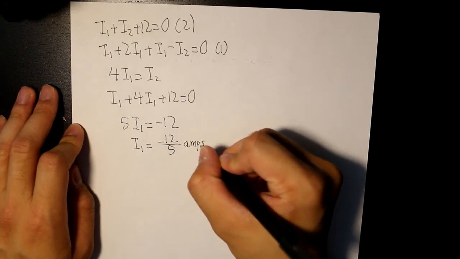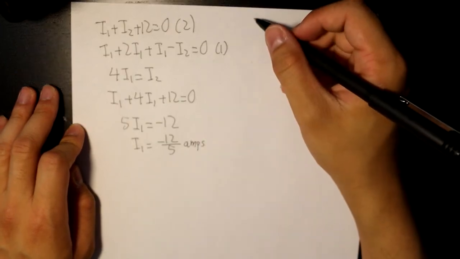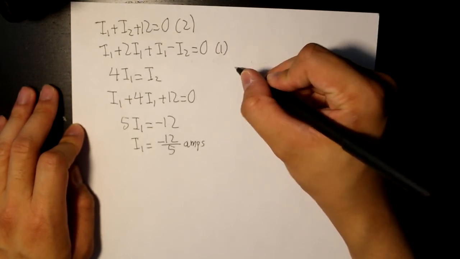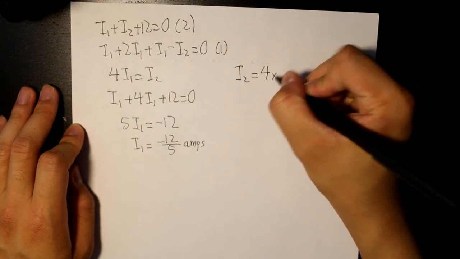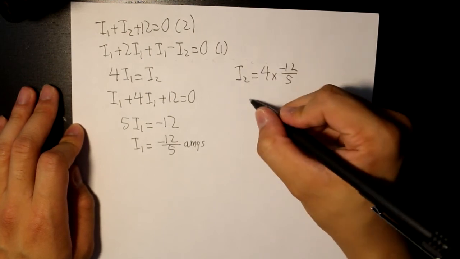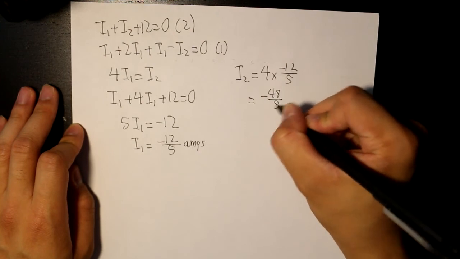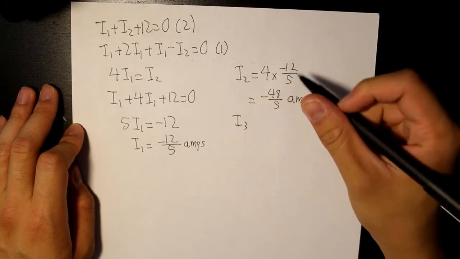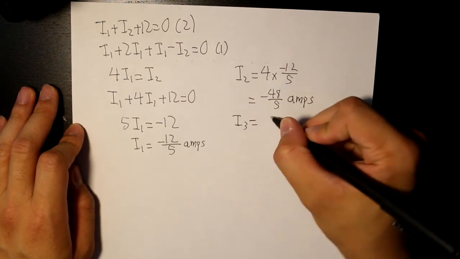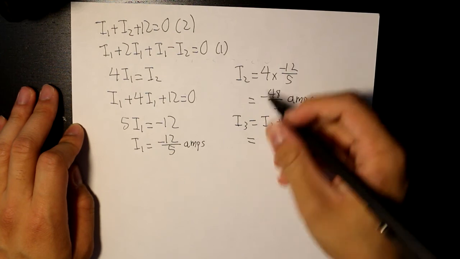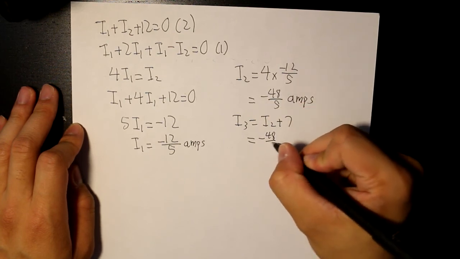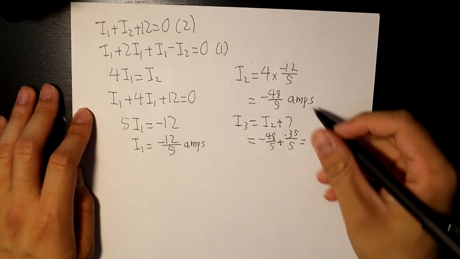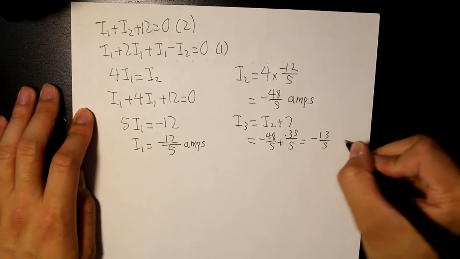And then I2 is going to be equal to 4 times negative 12 divided by 5, and that equals negative 48 divided by 5. And then I3, back from our supermesh equation, would be equal to I2 plus 7, so therefore negative 48 over 5 plus 35 over 5, and that would be negative 13 over 5 amps.